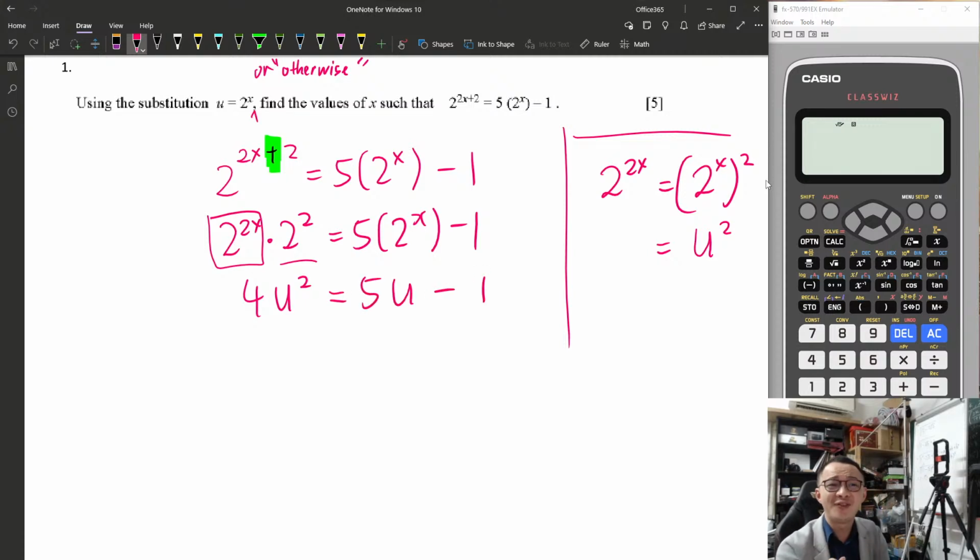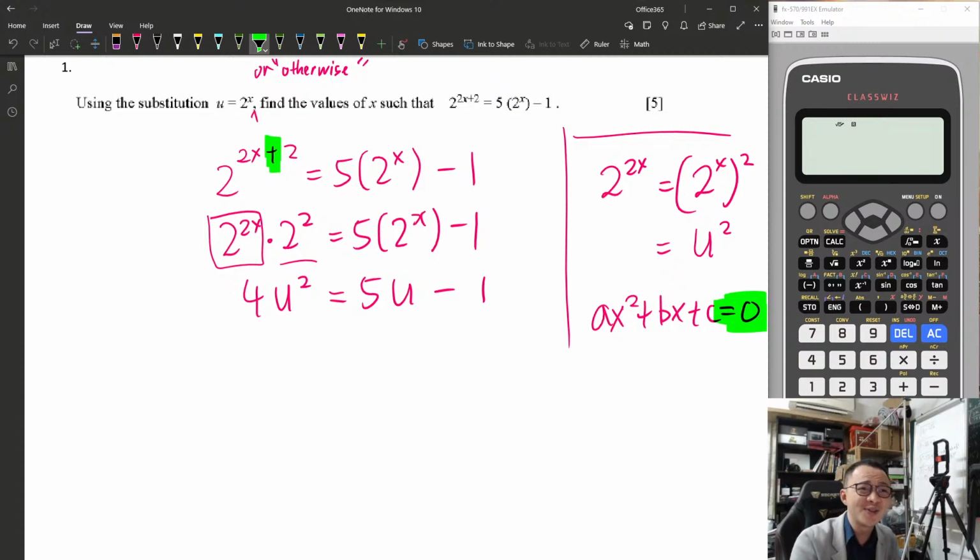If you see carefully, it's not hard to see this is a quadratic equation. For a quadratic equation, we must change it into the general form, which is ax squared plus bx plus c equals 0. The most important thing here is equals 0. Then only we can factorize.